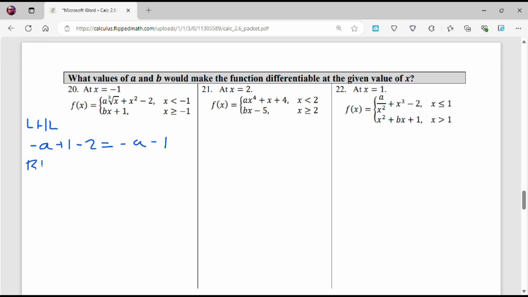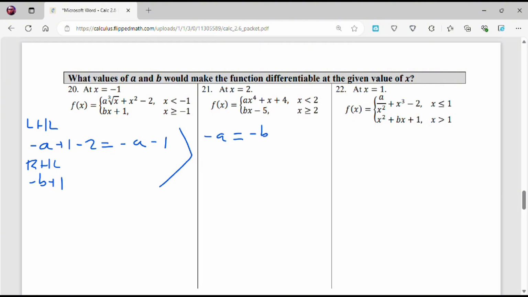Okay. Right-hand limit, we're going to plug in -1 into our x. So -1 times b, and then the +1 stays. Okay. Now we're going to make this into a system of equations. -a is equal to, and then we're going to move that -1 to the other side, so it's +1.